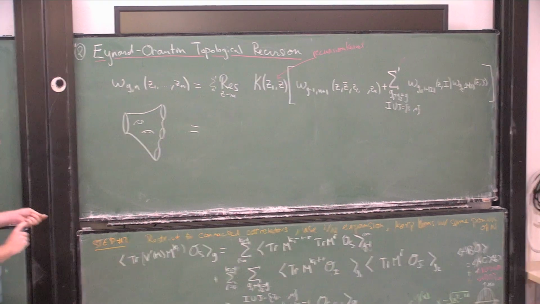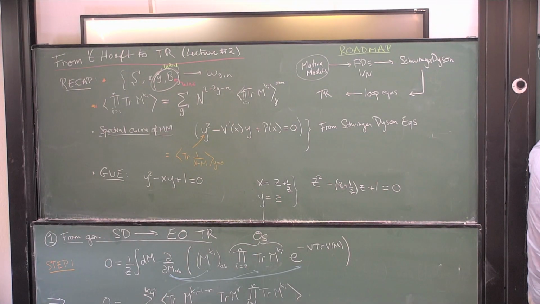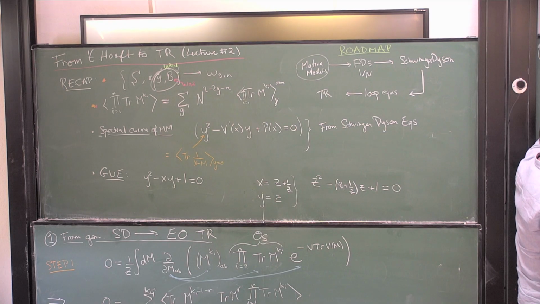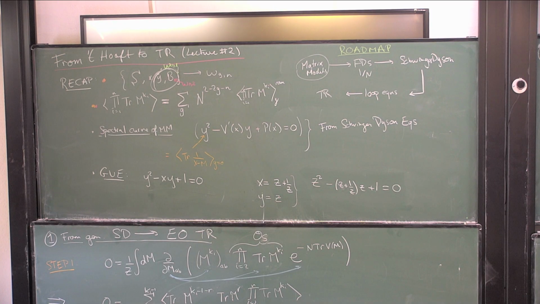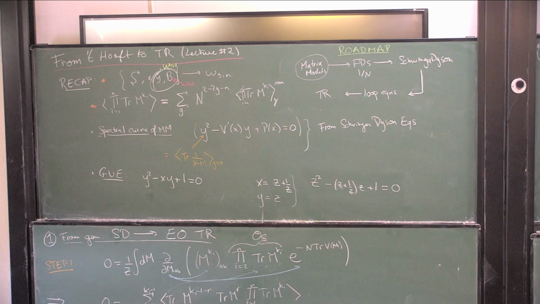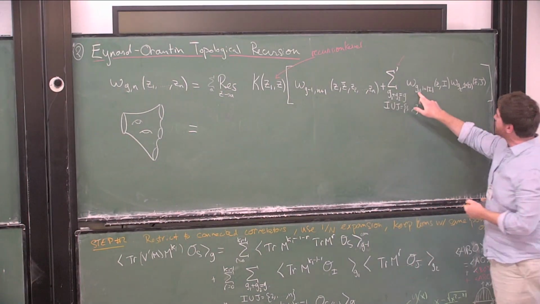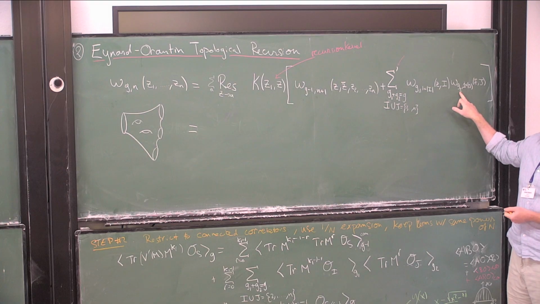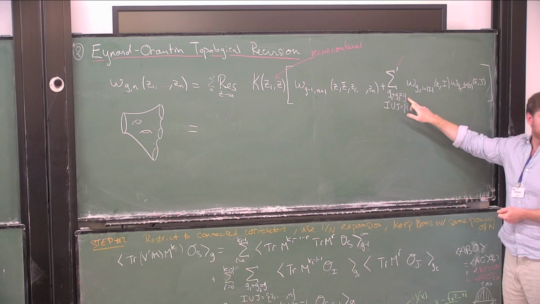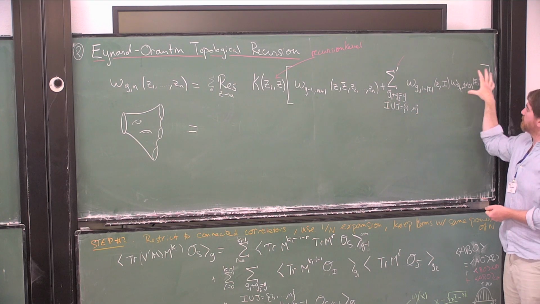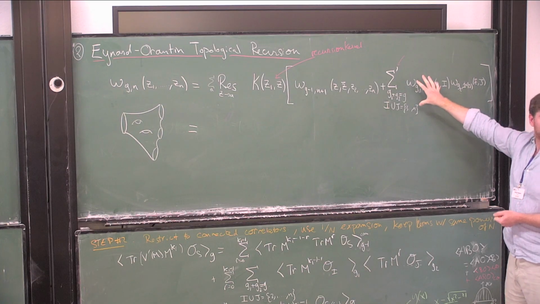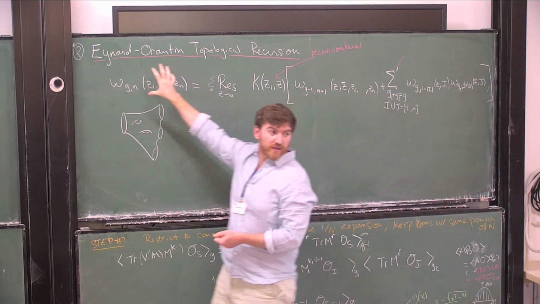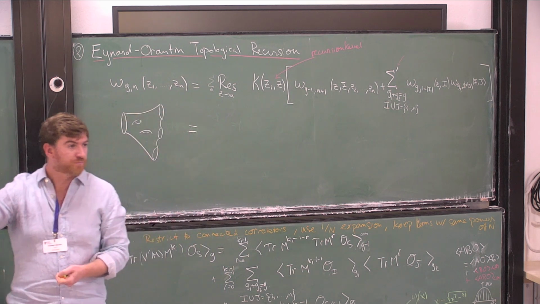So for example, how would we interpret this equation at genus 0? If we have g equal to 0 over here, there's no g minus 1, so we can drop that piece. But then we could have g1 and g2 both be 0. So g1 and g2 are 0, they sum up to 0. That would tell you that you need all the genus 0 data on the left-hand side. So that's not a recursion on the genus yet.